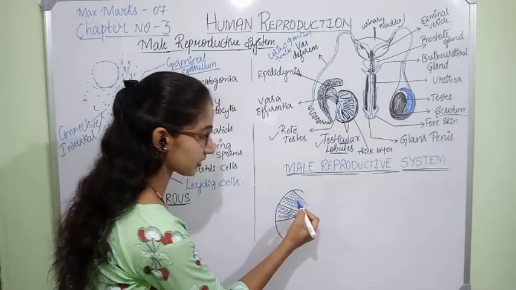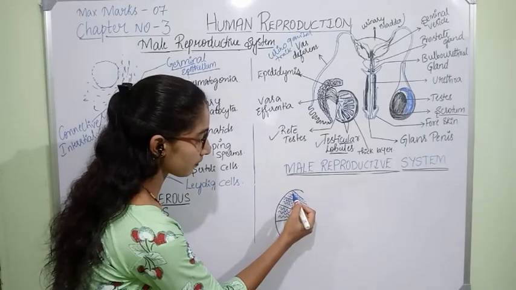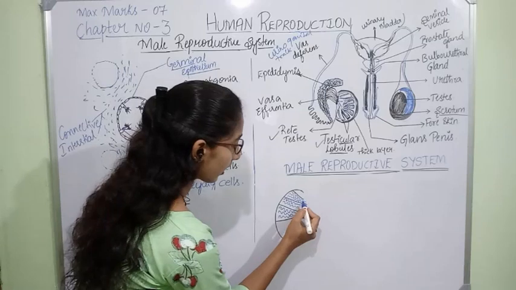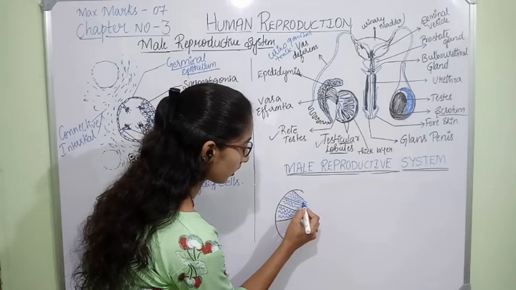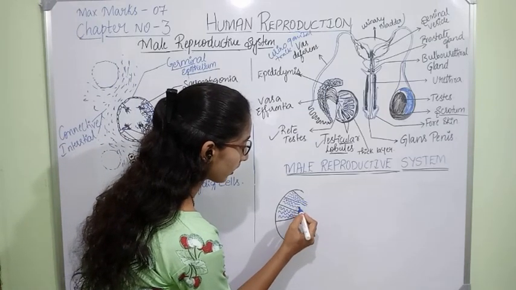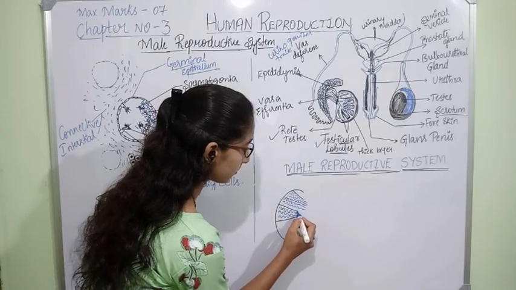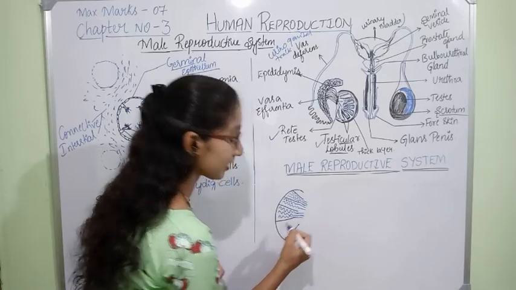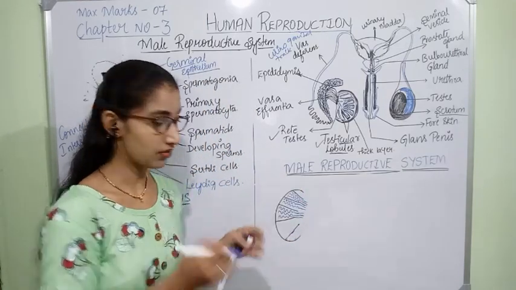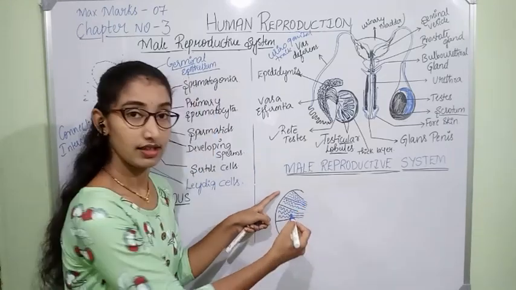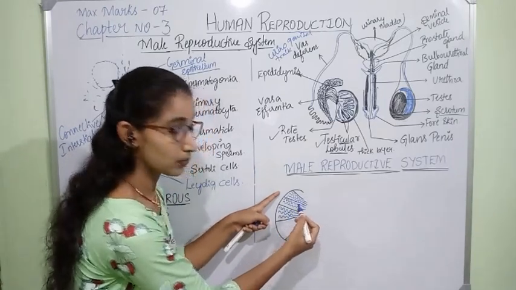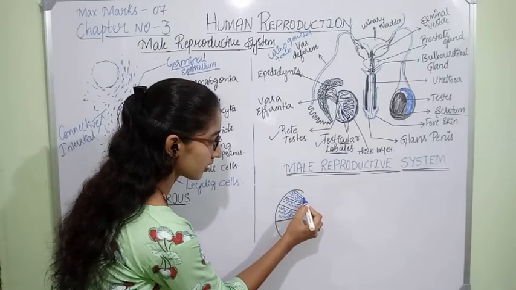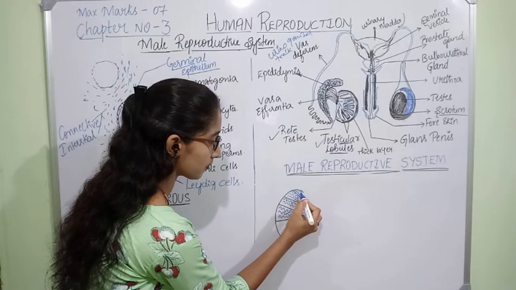And how are the seminiferous tubules? They are highly coiled in nature, but gradually the coiled nature is not observed.